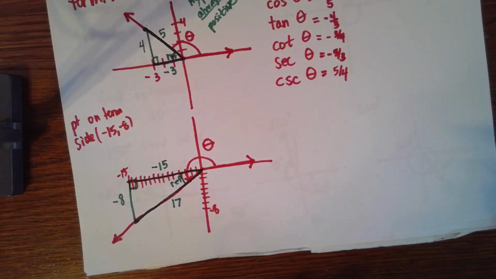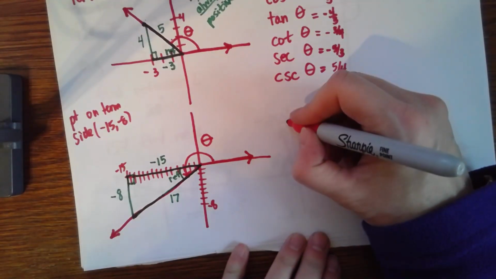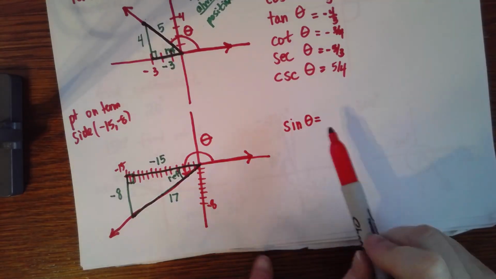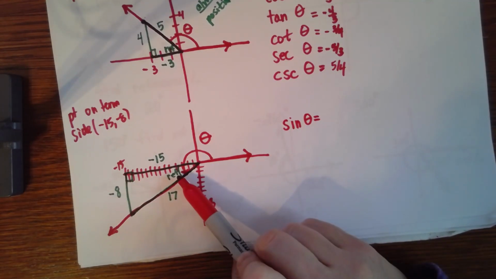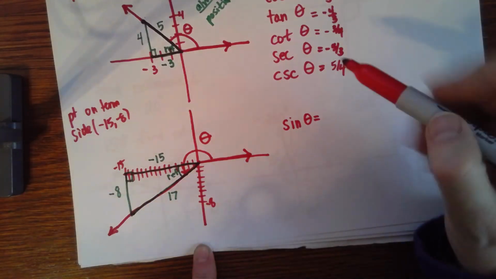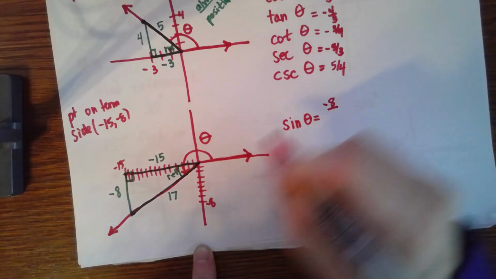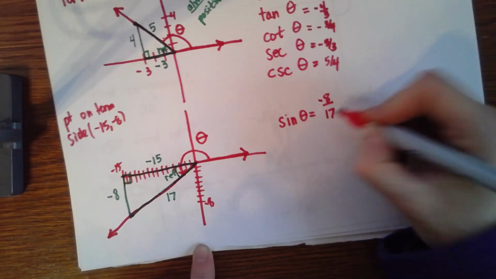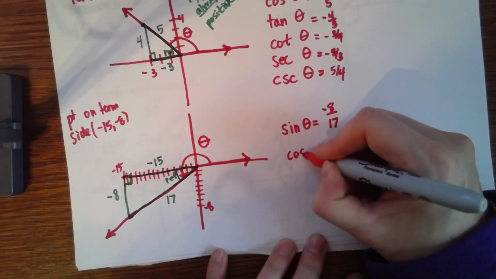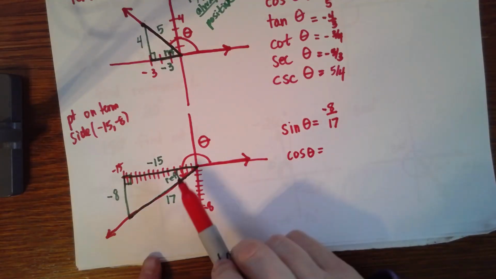And so now if I need to find the sine, cosine, tangent, etc., so the sine of theta, I'm just going to use the reference angle. The sine is going to be opposite. So opposite my reference angle is negative 8 over hypotenuse of 17. So that will be the sine of theta. If I want the cosine of theta, here's my reference angle.